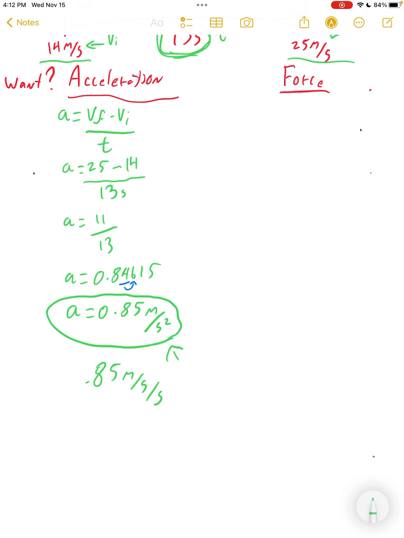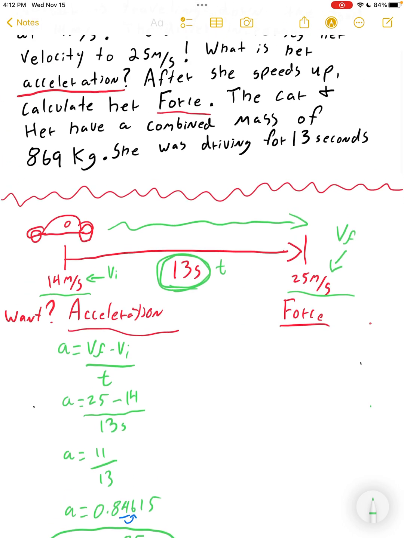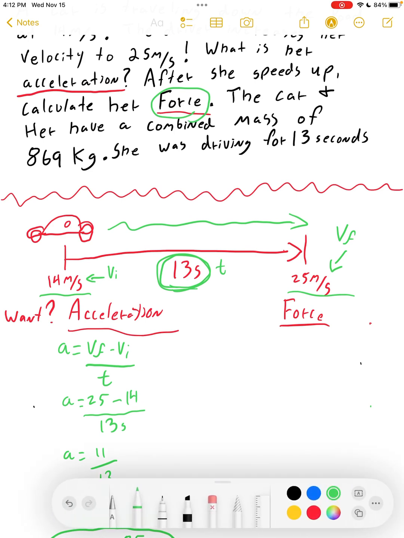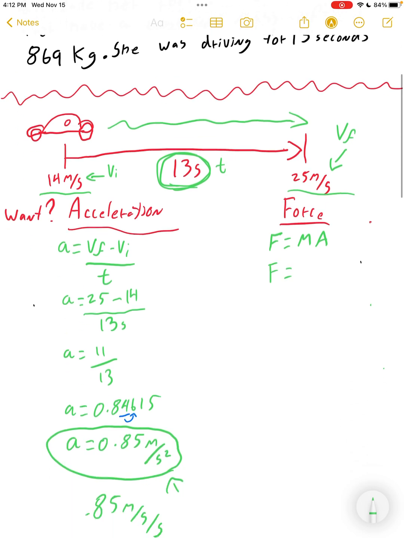Now, the second thing we're being asked for is force, okay? After she speeds up, calculate her force. Now, again, I'm going to write my formula. I'm going to write what I know first. Force equals mass times acceleration. And let's figure out what we have. Well, we have acceleration, which we just calculated. We're good to go for that.